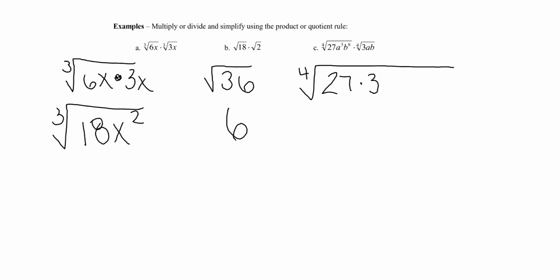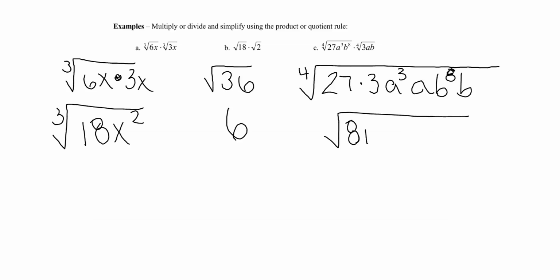So I put the numbers together, a to the 3rd and a together, b to the 8th and b. 27 times 3 is 81. So I'm going to have an 81 here.